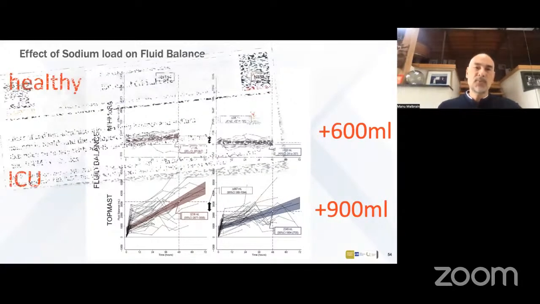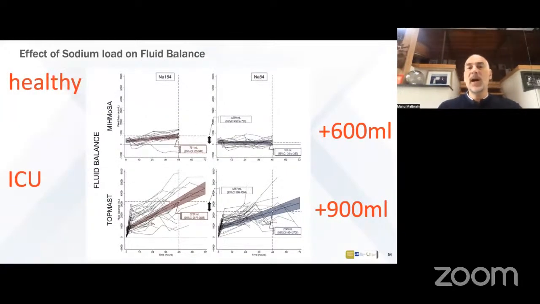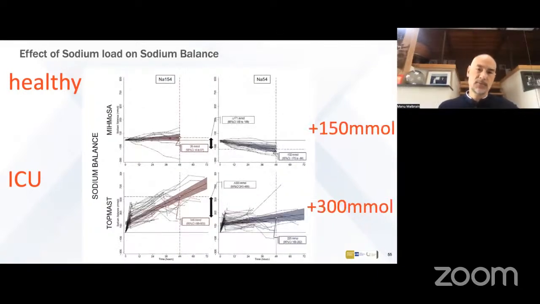And if we compare for maintenance hypotonic versus isotonic solutions, so on the left you have saline, and on the right you have hypotonic maintenance, you see that in healthy as well as in ICU patients, hypotonic solutions result in a less positive fluid balance. So saline leads to a more positive fluid balance, plus 600, plus 900 in healthy and in ICU after 48 hours.